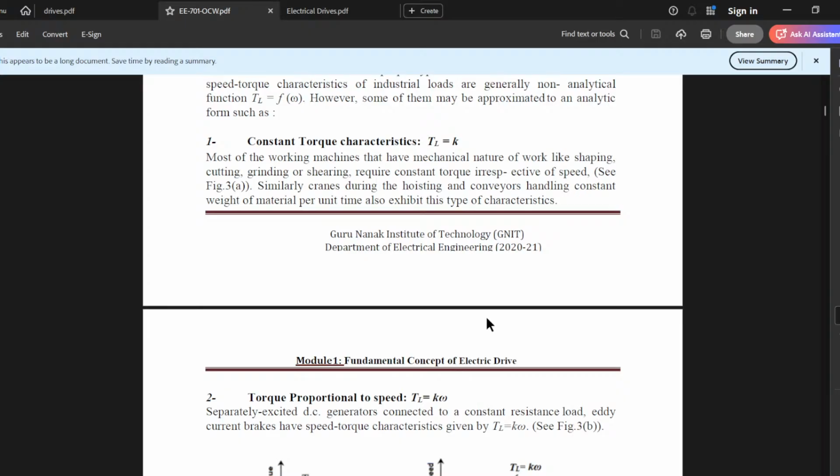Then we have torque proportional to speed. So T equals K omega.